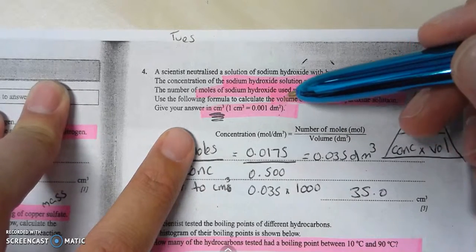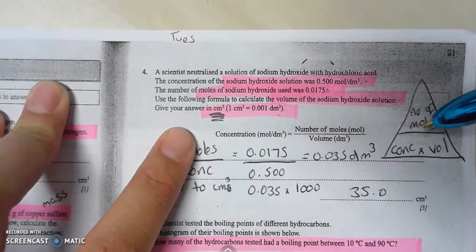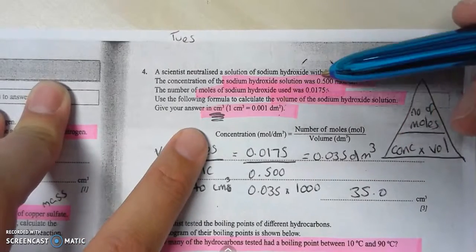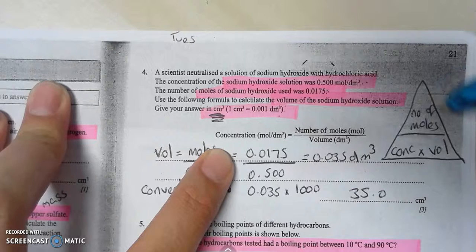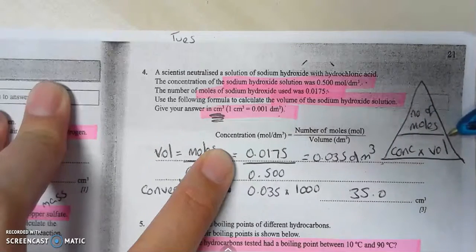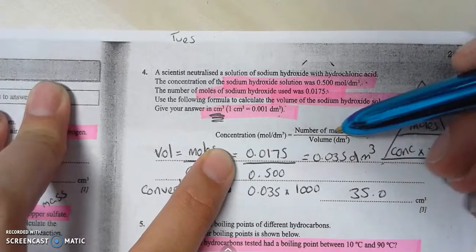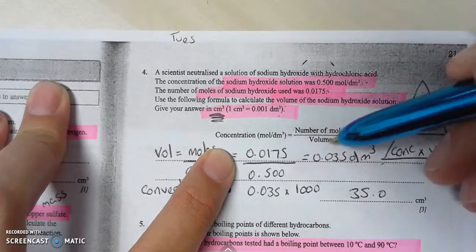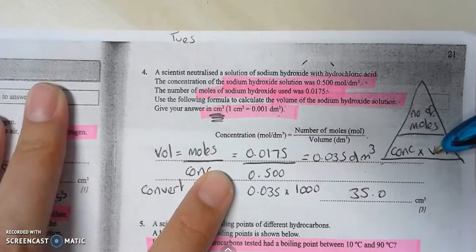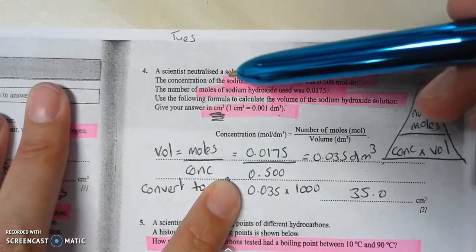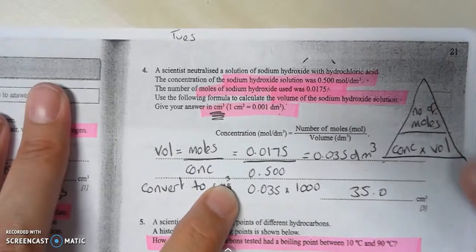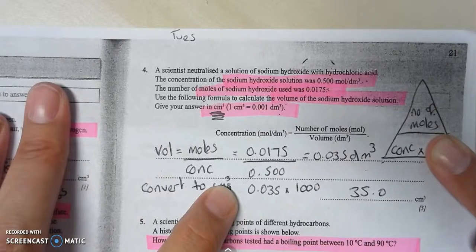So I'm like, okay, I'm going to need to do something with that in a minute. But I'm going to do it stage by stage because this is a 3 mark question. So first of all, I've got to work out which calculation I'm going to use. They give me this, again, put it into a triangle. There's my divide line. Number of moles will go at the top. Concentration and volume will go at the bottom. I need to work out the volume. So to work out the volume, I'll put my finger over volume and it tells me it's number of moles divided by concentration.